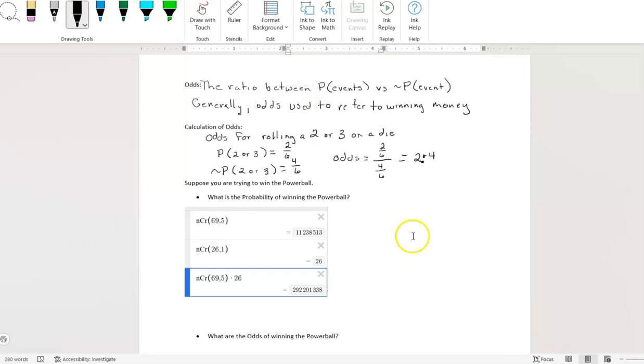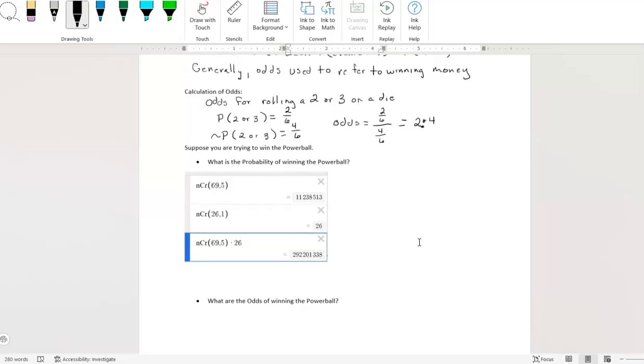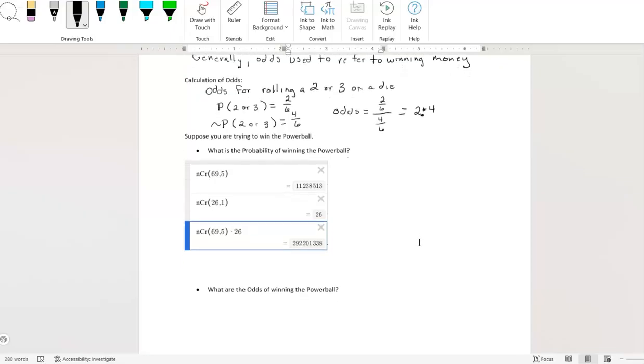So let's see if we're trying to win the Powerball. What is the probability of winning the Powerball? Well, you only need one ticket to win the Powerball.